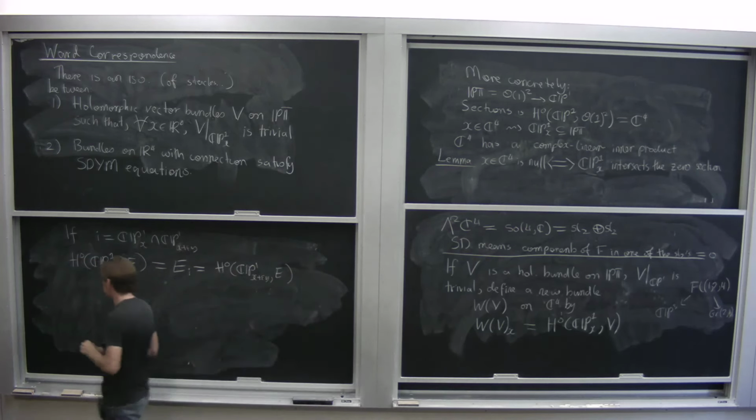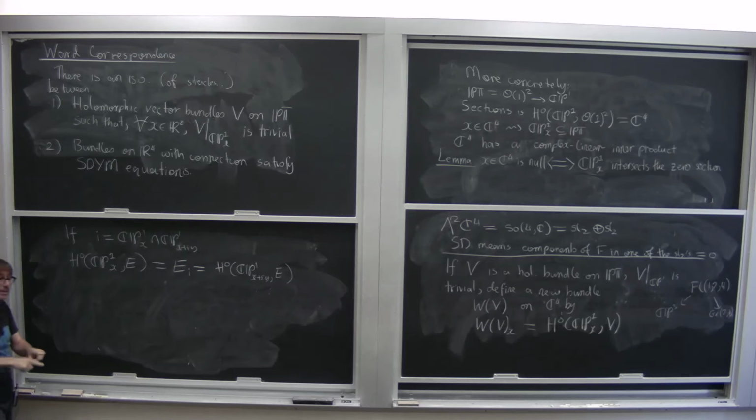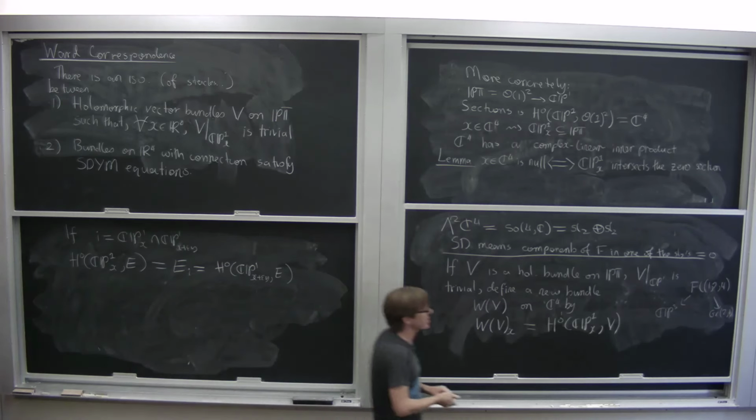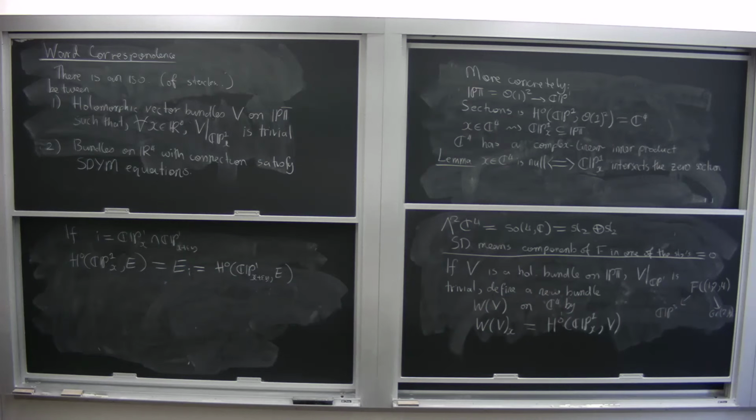Are we proving this Ward correspondence now? Yes, we're proving the Ward correspondence. I'm constructing the connection. The fiber is the H0, and if I have two nearby points, I give an isomorphism between the fibers by this formula: take my section, restrict it, and then extend it over this one. The CP1s really are linear, degree 1, so they can't intersect at more than one point. Yes, absolutely.